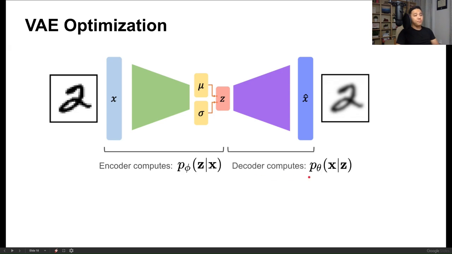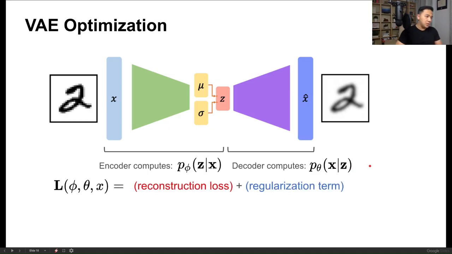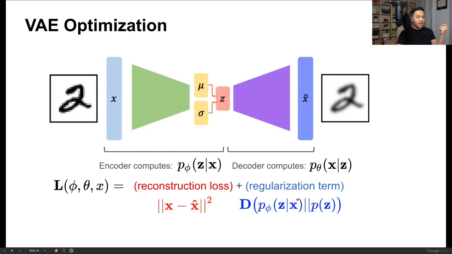And the decoder is going to compute something quite the opposite, parameterized by a different network parameter, theta here, to compute the probability of x again given the latent space z. And the loss function is similar in its reconstruction loss, but we're also going to add a regularization term here. The loss before was MSE, but the regularization term may need some more explanation.